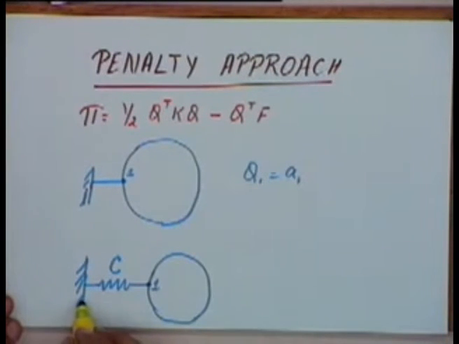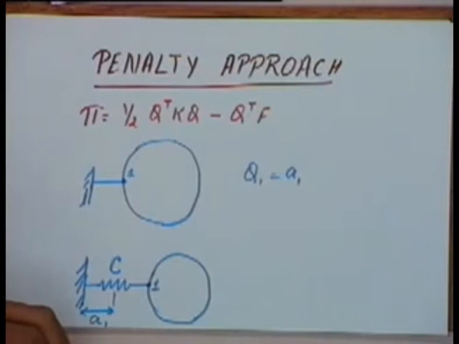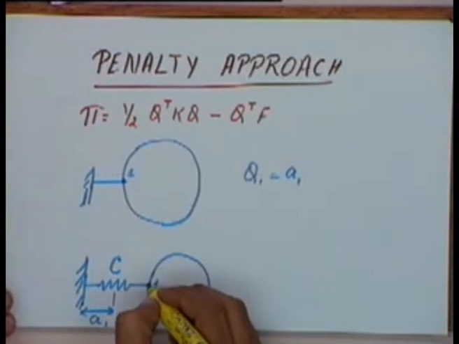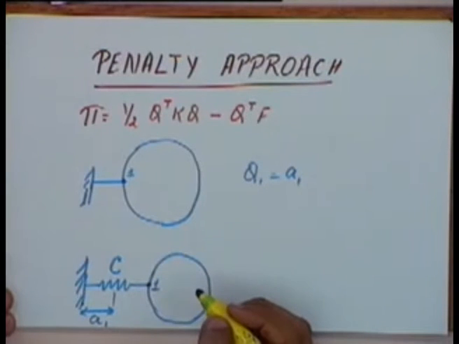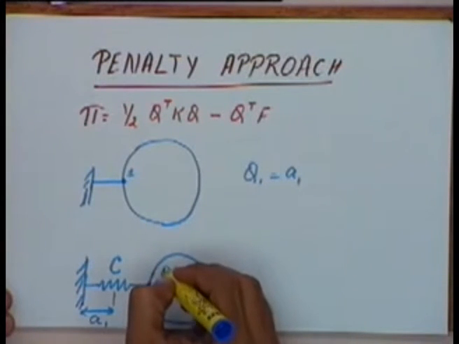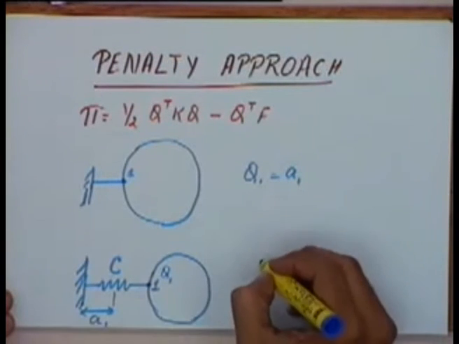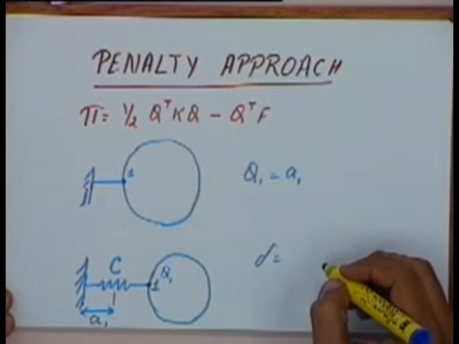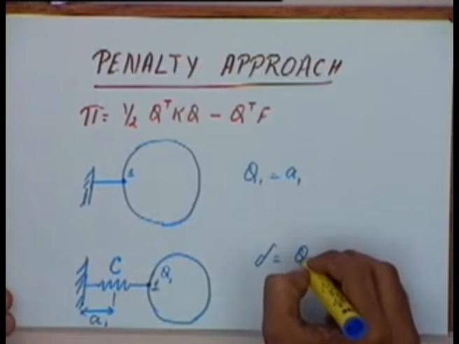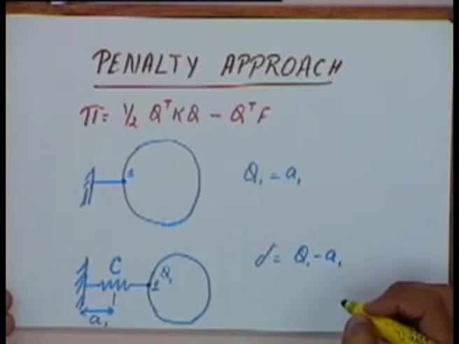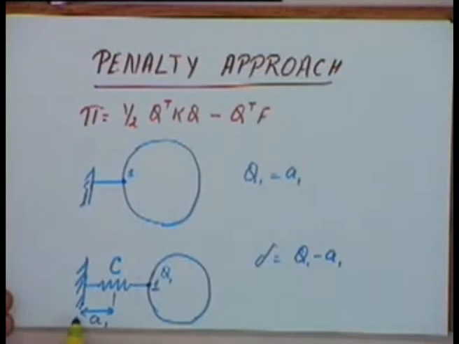Now if I give this end a fixed displacement equal to A1, and the displacement of node number 1 is Q1, the deformation in the spring delta will be Q1 minus A1, because A1 and Q1 are in the same direction.